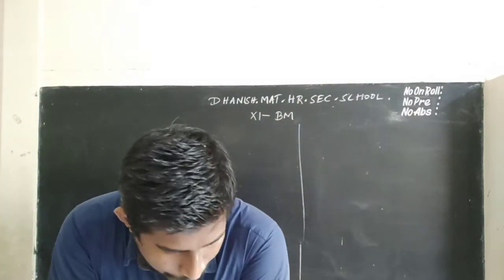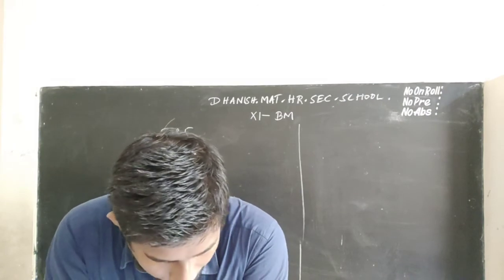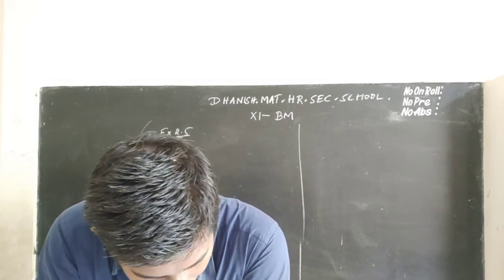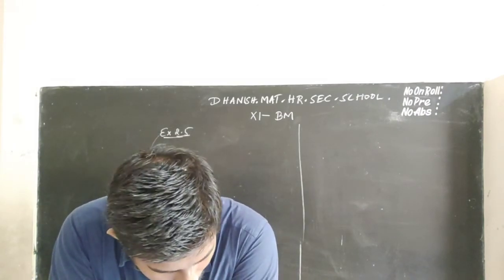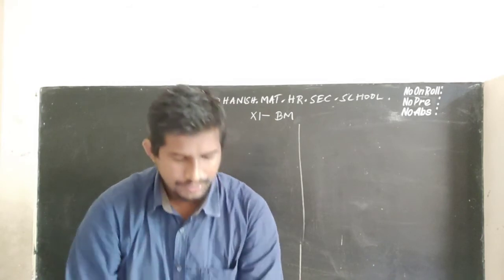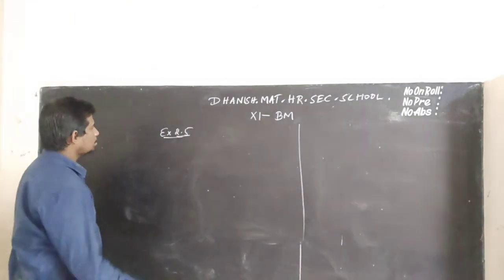Resolve into partial fraction x plus 1 divided by x minus 2 whole square into x plus 3. This sum is based on type 2.